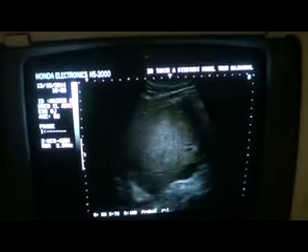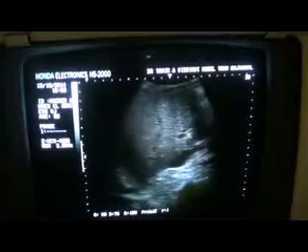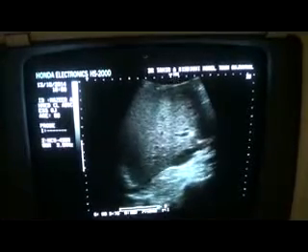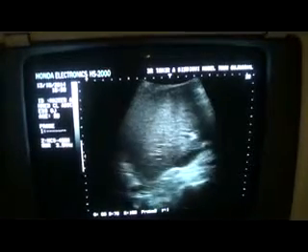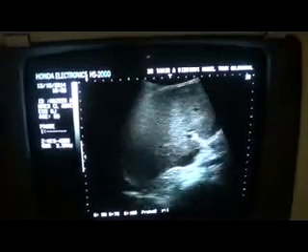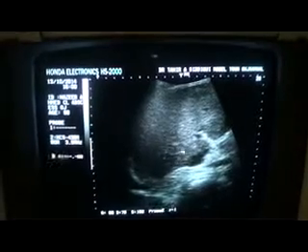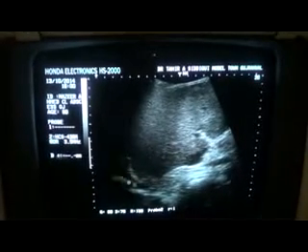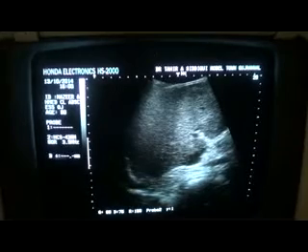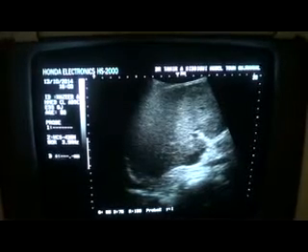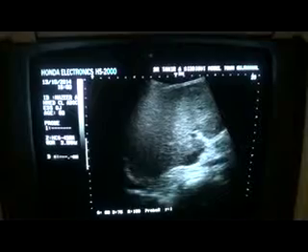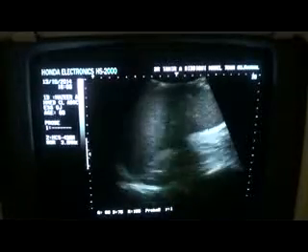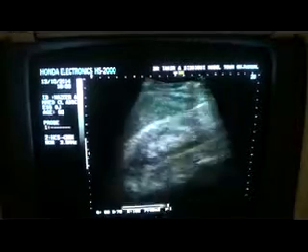On the right side, we do see a small amount of fluid in the right pleural space, which is consistent with minimal pleural effusion. Here we are. This is the diaphragm, and you see fluid above it. This is a minimal amount of fluid in the right pleural space. In this patient, this is the fluid in the Morrison's, in the hepatorenal angle.